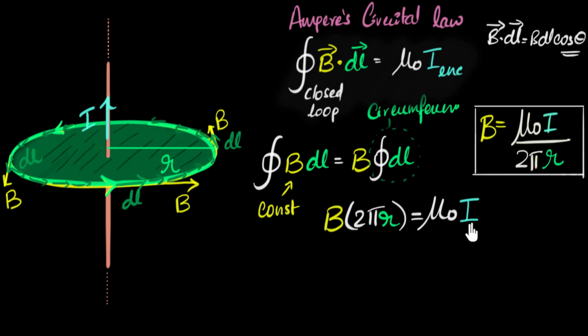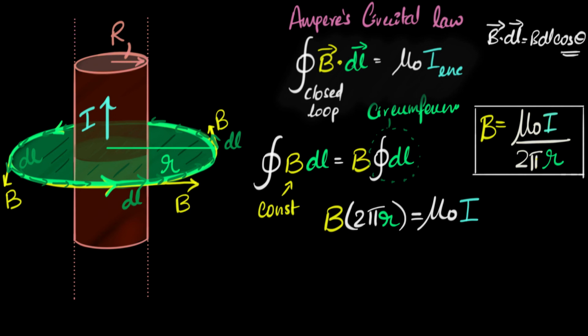Because in Ampere's law, all that matters is how much current is penetrating. And therefore, whether it's a thick wire or a thin wire, you get the same result. And finally, look at the number of steps involved. Not much, right? I don't even remember this equation. Whenever I have to think about the magnetic field due to long straight wires, I go back to Ampere's law and derive it.